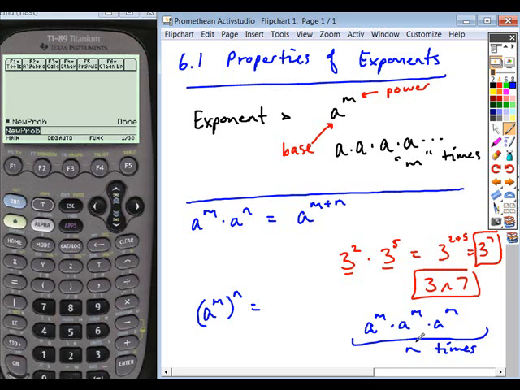So this is the same idea. It's m times n. So when you take a power to a power, you simply write the original base and you multiply their powers. So here, if you were taking this similar example of 3 squared to the 5th power, that's equivalent to 3 to the what? 10, 2 times 5.